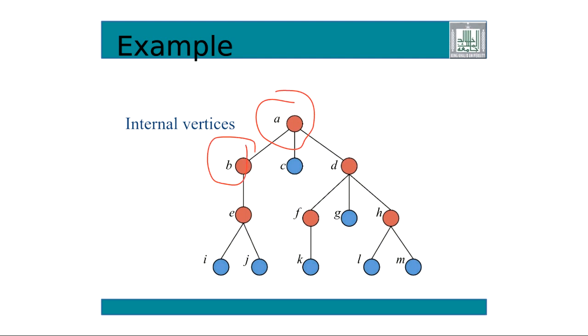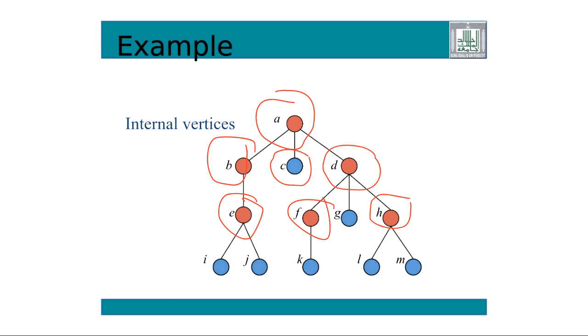This is also a parent. This is also a parent. This is also a parent. This is also a parent. Now you will understand, girls, if a vertex has children, we can say it is an internal vertex. A vertex that doesn't have children, we can say is a leaf.